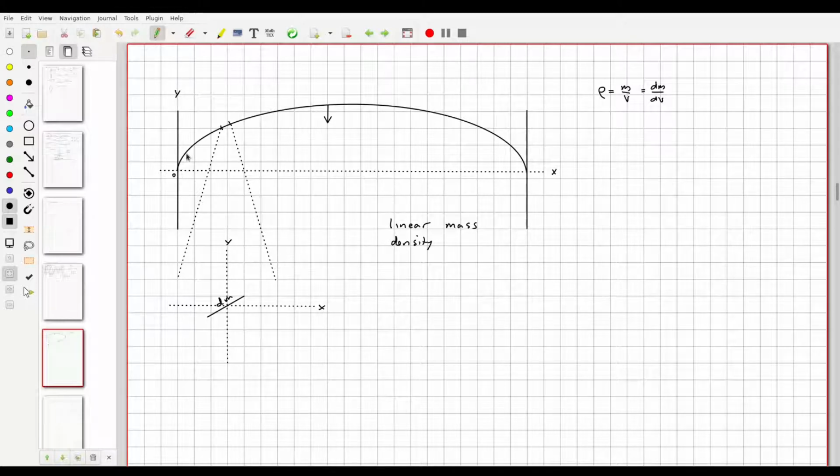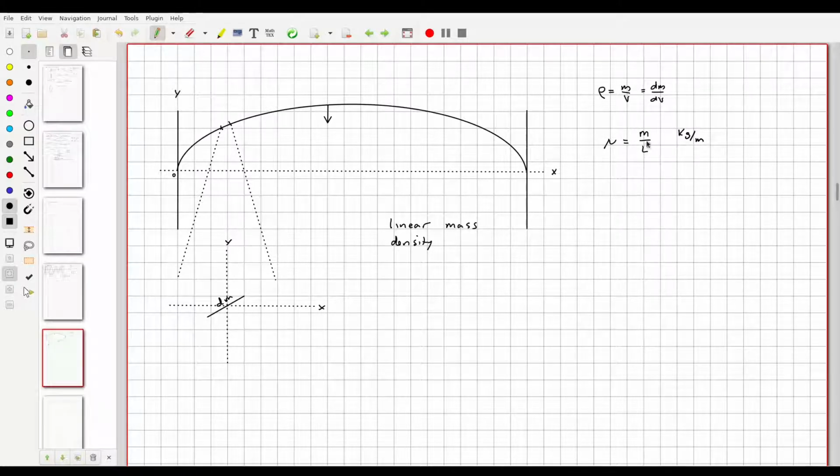The mass of this thing lies along the line of the string, and we're going to use the Greek letter mu for that. It's basically the mass of the string divided by its length, so the units would be something like kilograms per meter.